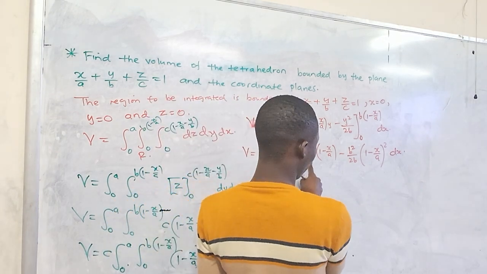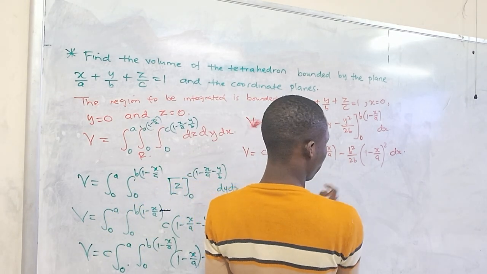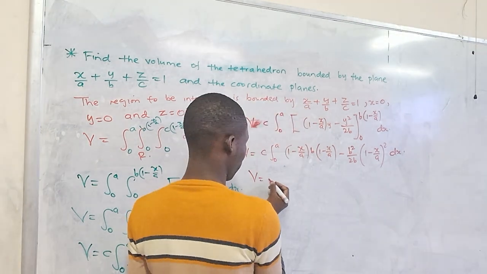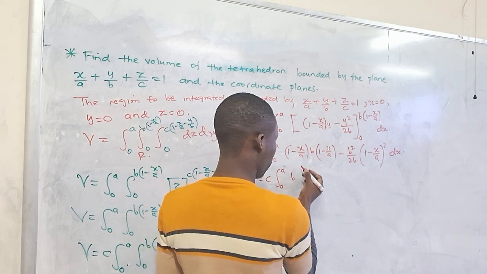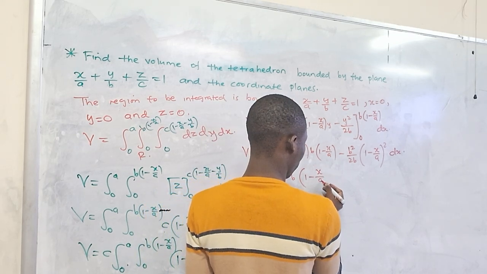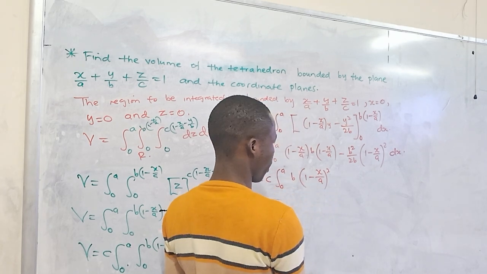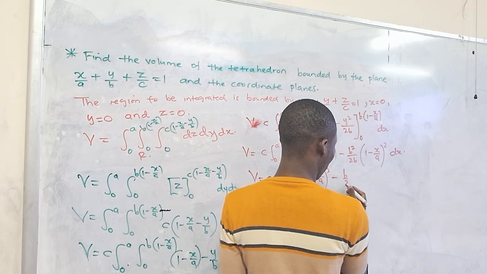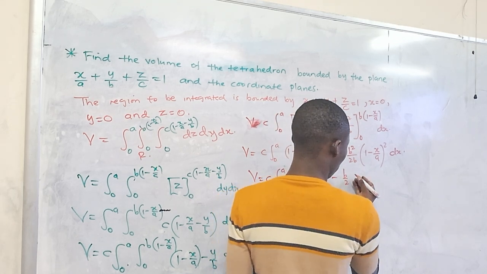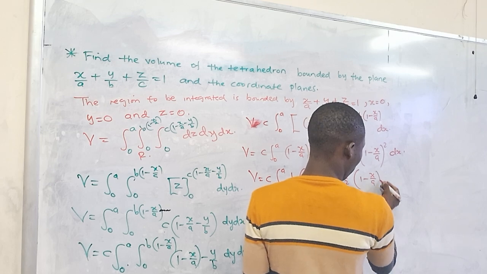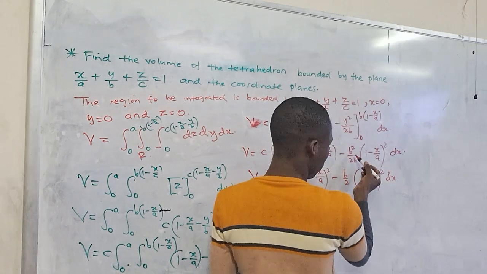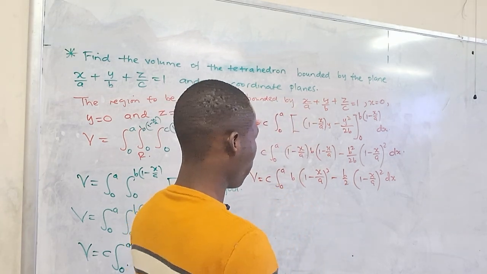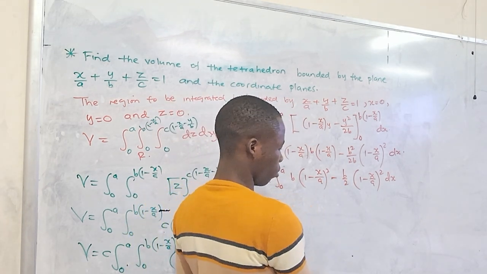Now here there is a b, here there is also b. Let me write it like this: c, integral from 0 to a, b into 1 minus x by a squared, minus b by 2 into 1 minus x by a to the power 2 squared. B into b squared will remain with b by 2. You can factor out b by 2.